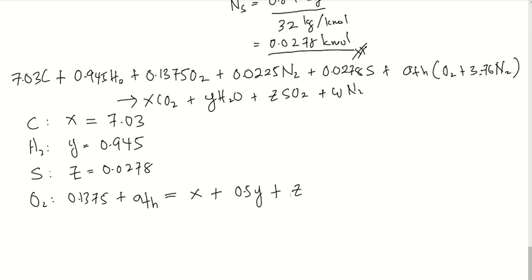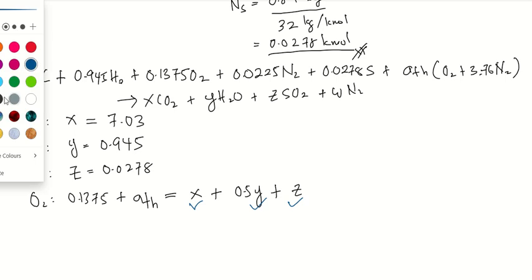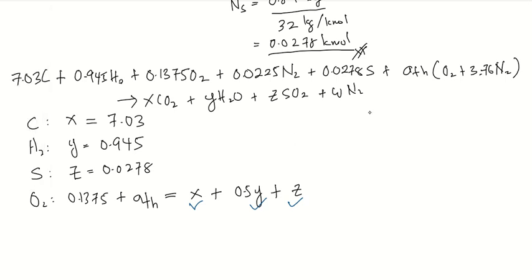Since we already know the values of x, y, and z, we can get our theoretical air. So the theoretical air is equal to 7.393.